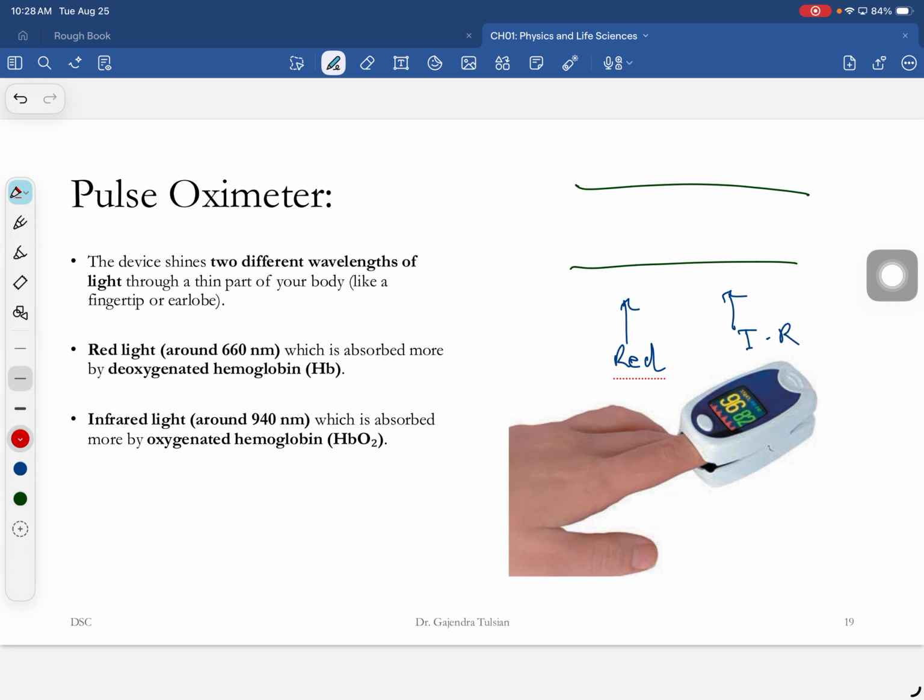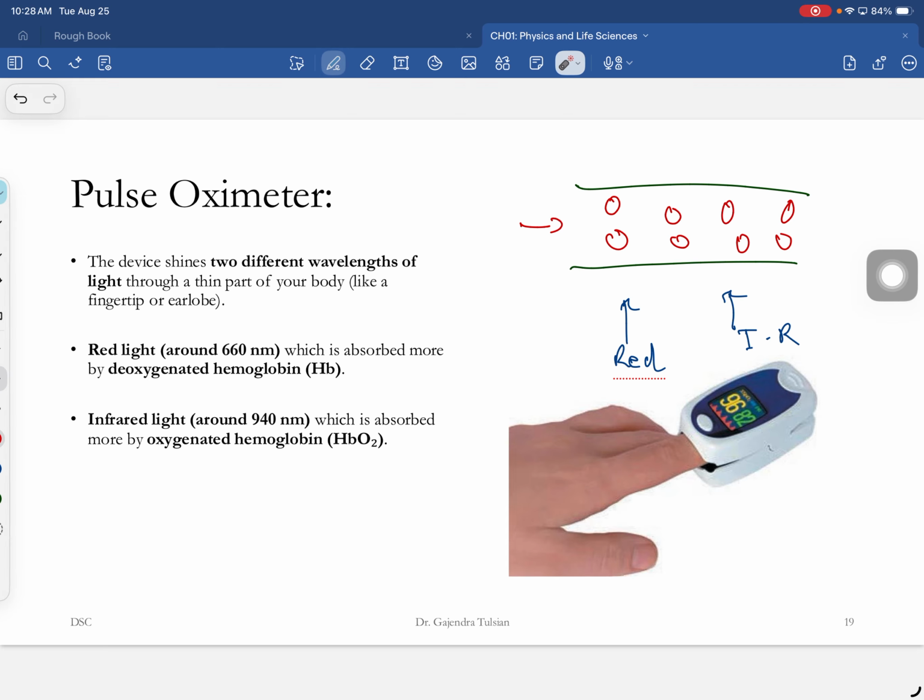If your blood is oxygenated, if all the hemoglobins are carrying oxygen, what happens to this light? Infrared gets absorbed, and this intensity will be low. If your blood is carrying no oxygen, this light gets absorbed and this will be low.